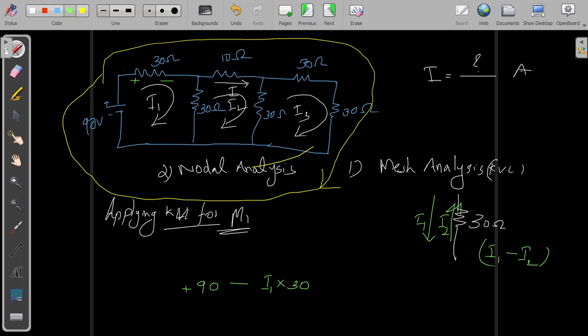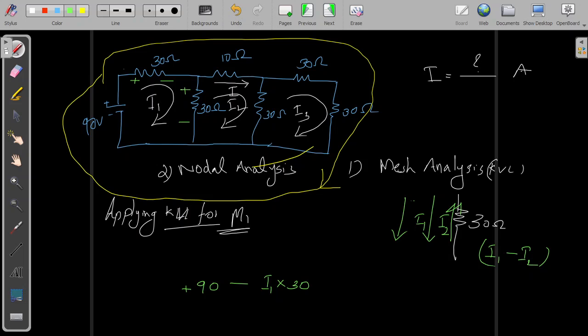Then this I1 minus I2 current is flowing in downward direction, because with respect to I1, I1 is going downward and I2 is going upward. The algebraic sum is I1 minus I2, and it is in the downward direction. Downward means again the polarity of voltage drop will be falling potential, plus here and minus here, because current flows from higher potential to lower potential.